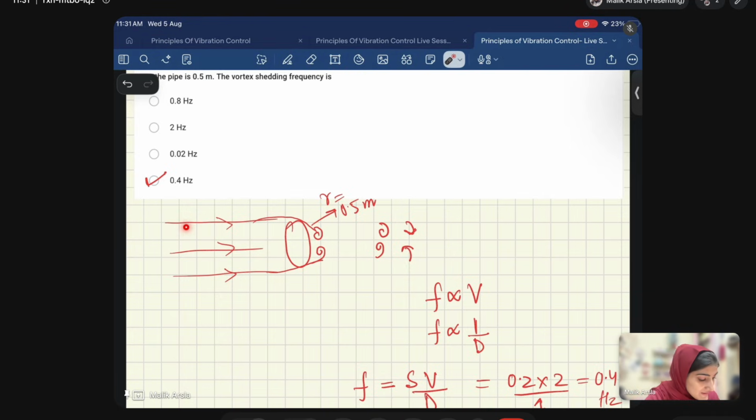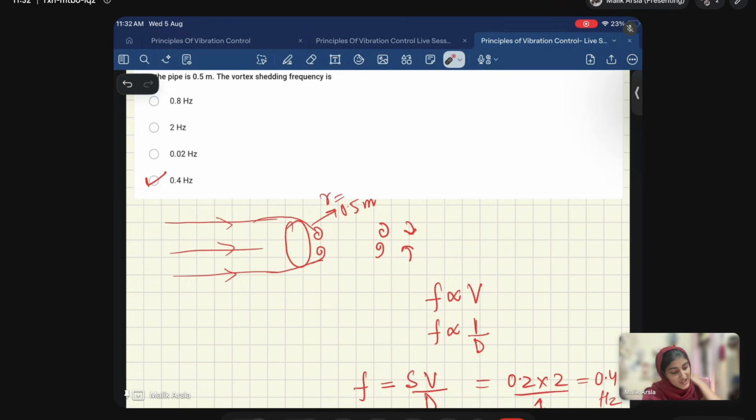So what happens is that the flow is interrupted, and there is the formation of what are known as vortices, okay. So there is a sort of opposite alternating force created on the top and bottom, because of this flow which has been obstructed, okay.